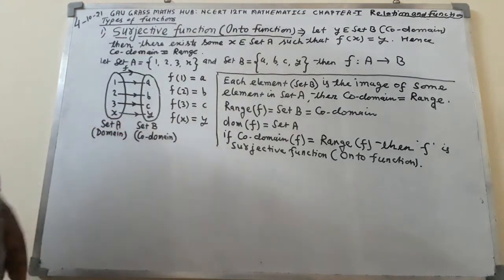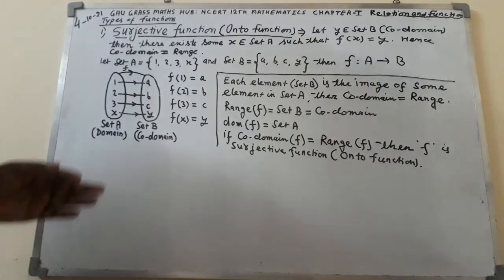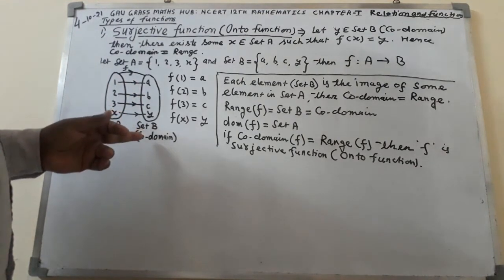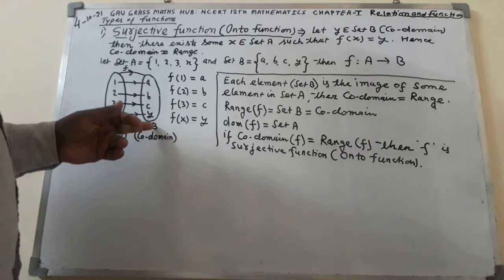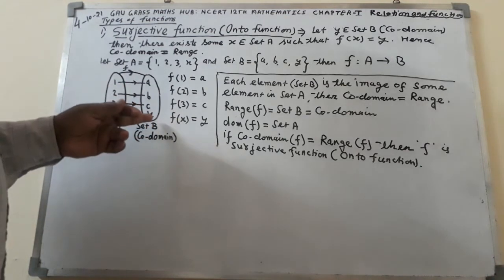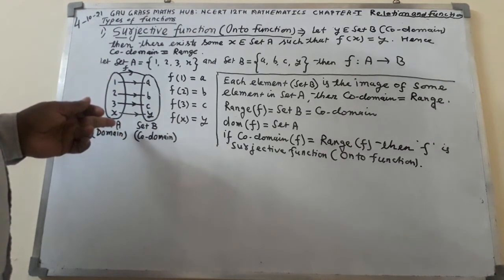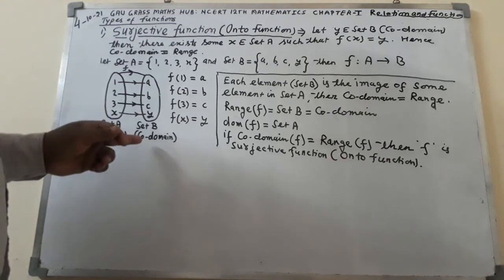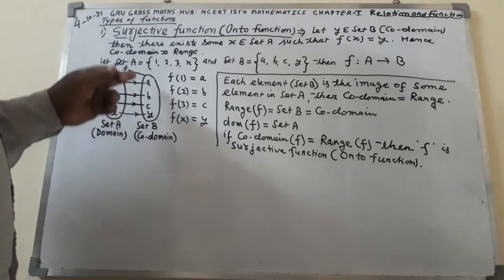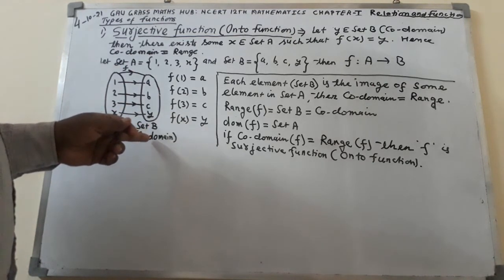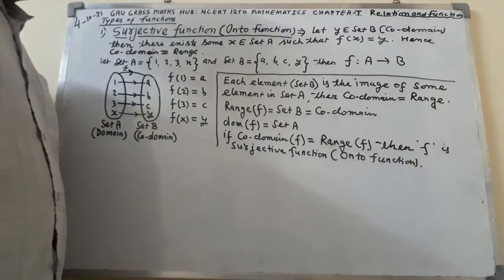In order to have a surjective function or onto function, we have to make sure that each element of set B must be the image of some element of set A. In this case, the codomain of f will be converted into the range of f. Then f will be called a surjective function or onto function.